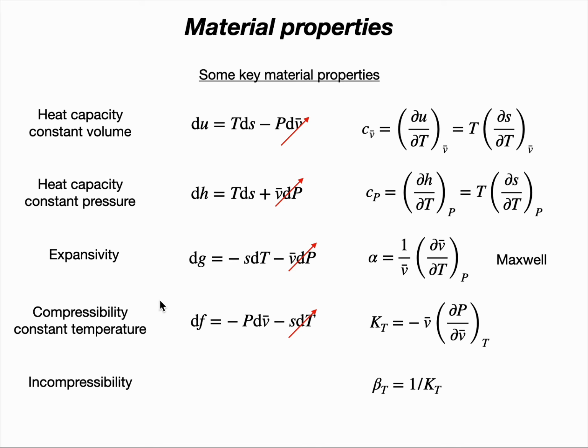And finally, we introduce the compressibility at constant temperature. We use the rate of Helmholtz for this. Constant temperature cancels out this term here. And what we get is that the compressibility at constant temperature will be minus V times dP dV at constant temperature. So there's a last parameter here to be introduced, beta, the incompressibility, which is nothing else than the inverse of kT.